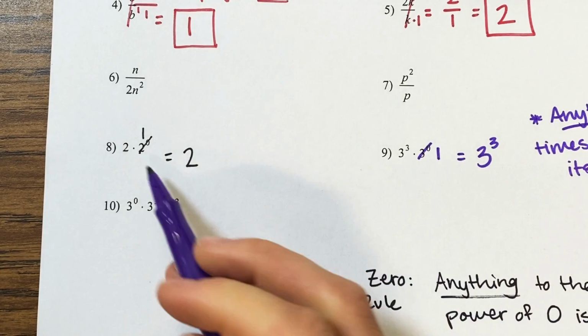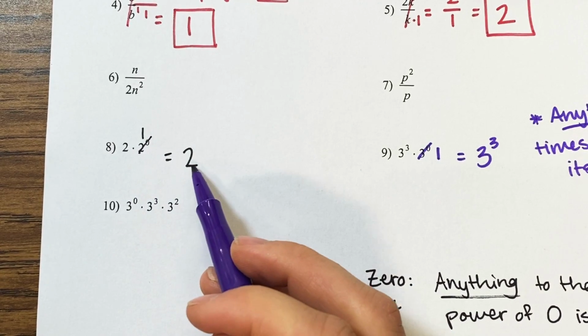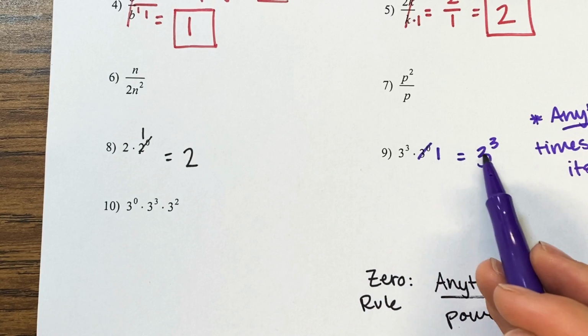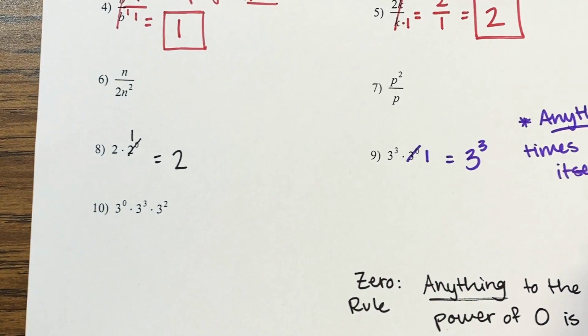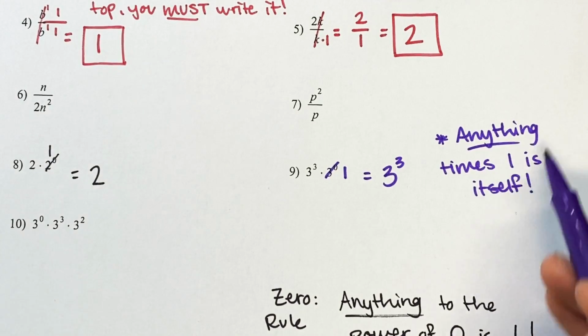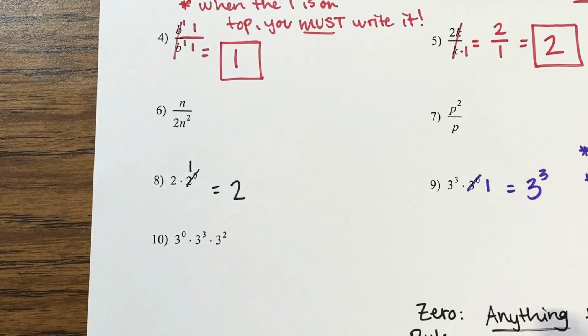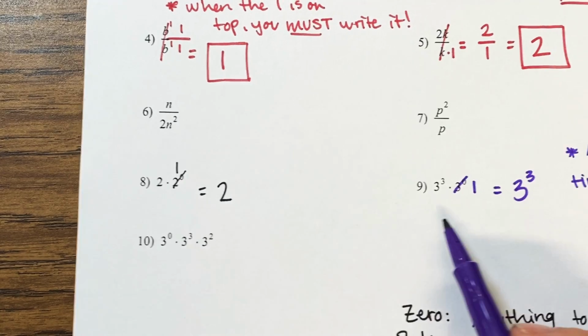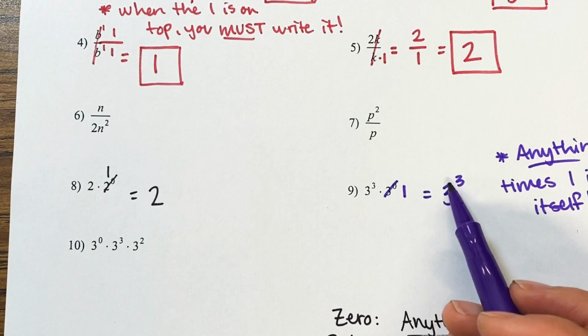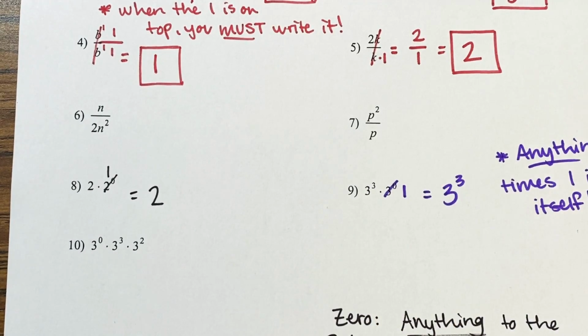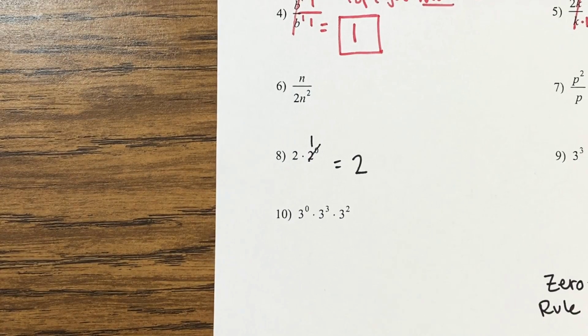Okay, so let's look back at 8. 2 times 1, it was 2. 3 cubed times 1, it was 3 cubed. Anything times 1 is itself. Again, 2 times 1, 2. 3 cubed times 1, 3 cubed. Nice job. So let's go to 10.